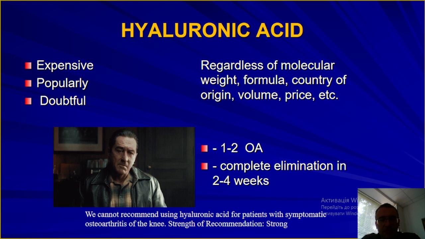The problem is that, again, there is very poor evidence-based data for using it as a treatment method for osteoarthritis, and there is a complete science about this hyaluronic acid: different molecular weight, different formulas, different additions to the hyaluronic acid, different magazines, different societies which popularize this method of treatment.